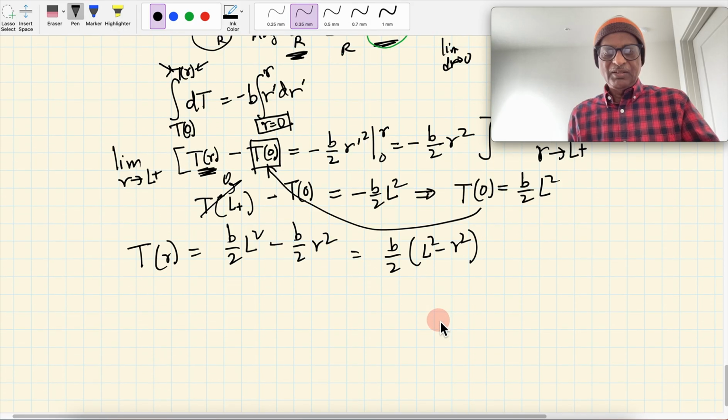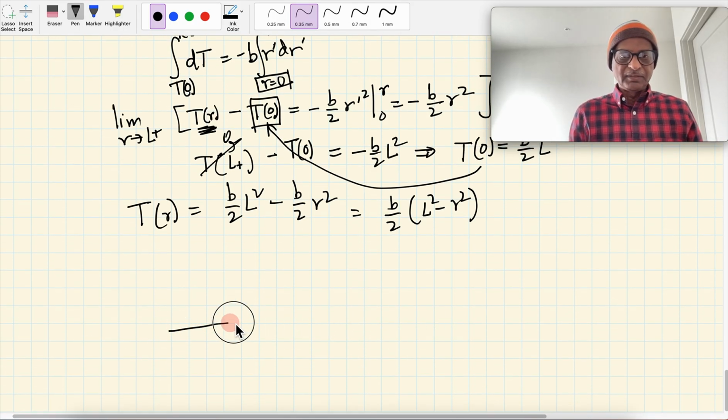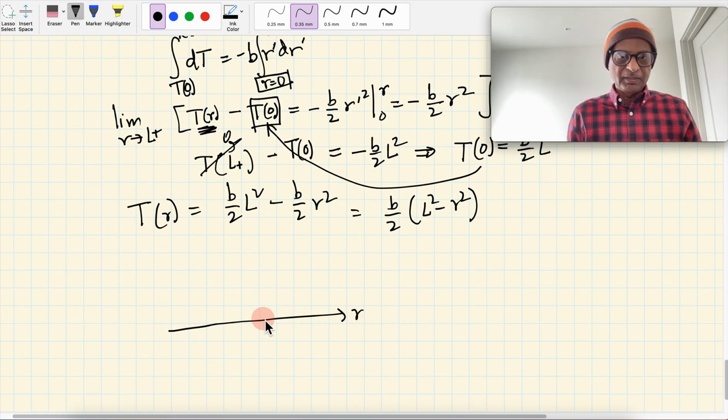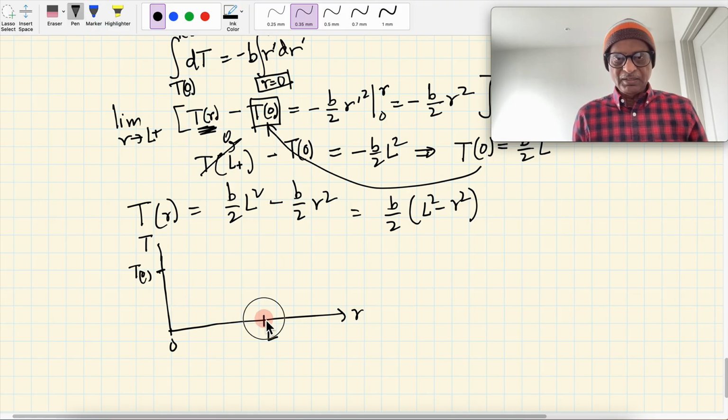So, if I plot this, this is r and this is L and this is 0. So tension is going to be some T at 0. So this is T of r. How tension is going to vary, it is going to go to 0, and it's going quadratic.